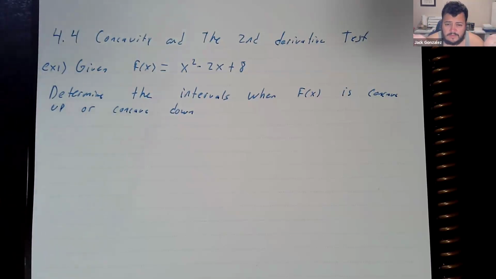So basically you find the critical numbers like we did last time, but you test for concavity instead of whether it's increasing or decreasing. For this one, it's not that interesting, but we're going to go through the motions.